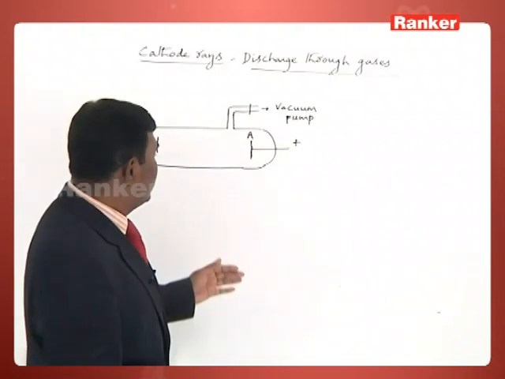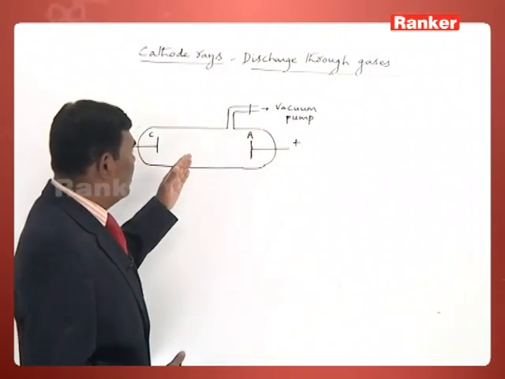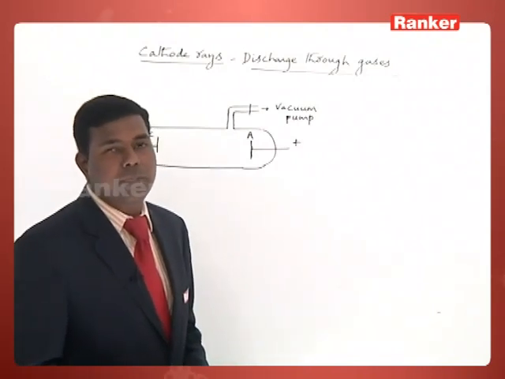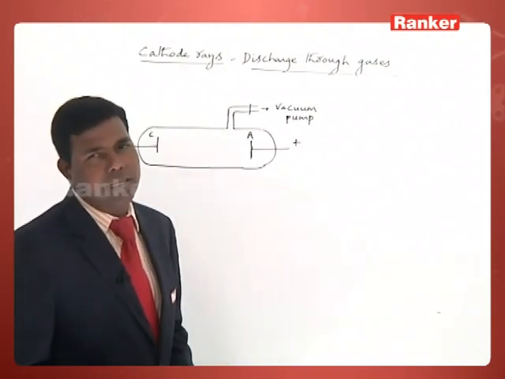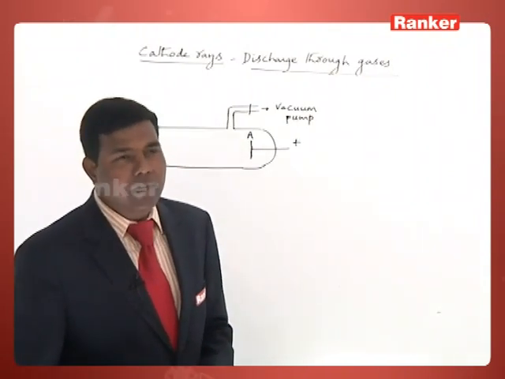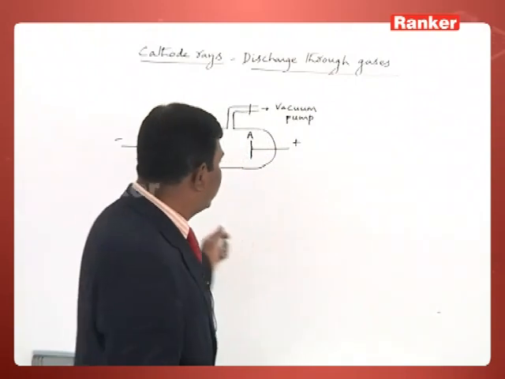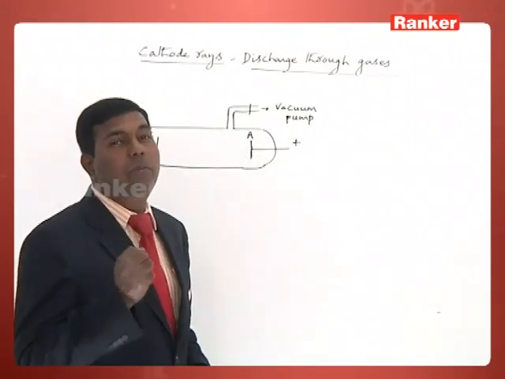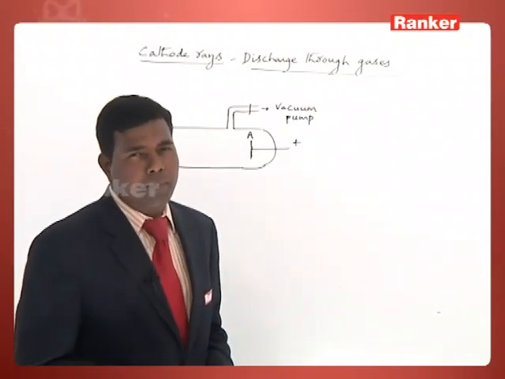Now, it is observed that when the applied potential is very large, say 15,000 to 20,000 volts, and when the pressure is very low, about 0.01 millimeters of mercury, then a dark space fills the entire tube, and that is what we call Crookes dark space.